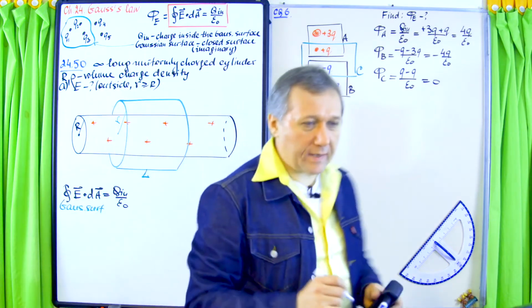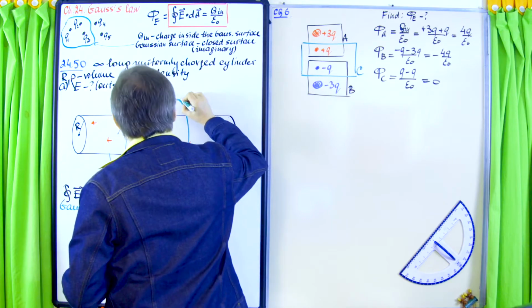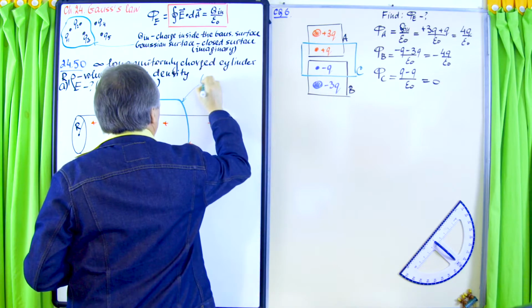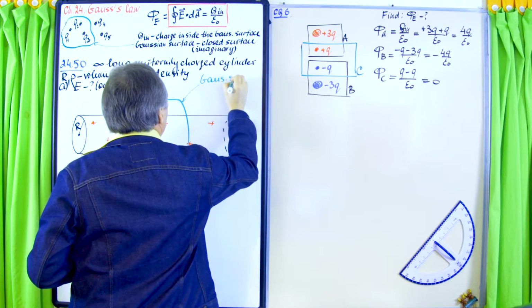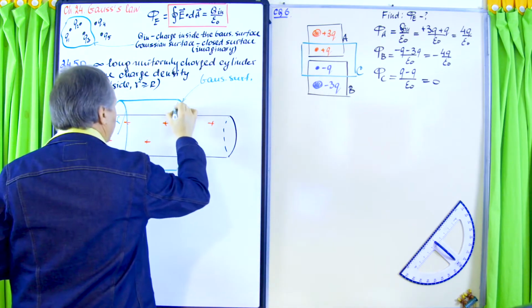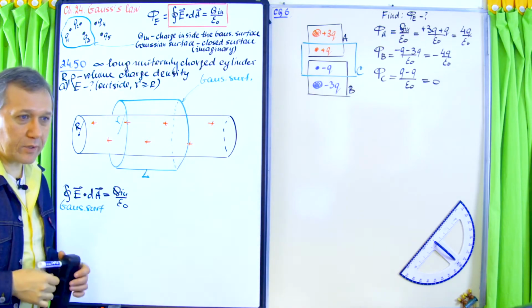So that's the Gaussian surface. Let me probably show it here somewhere. So that's our Gaussian surface, radius small r, length L.